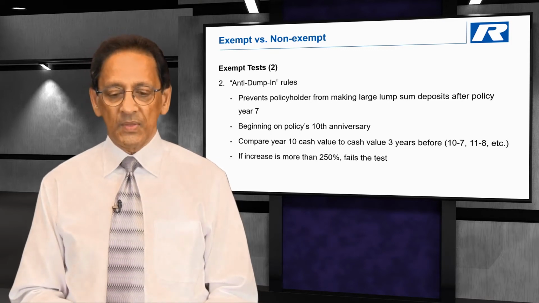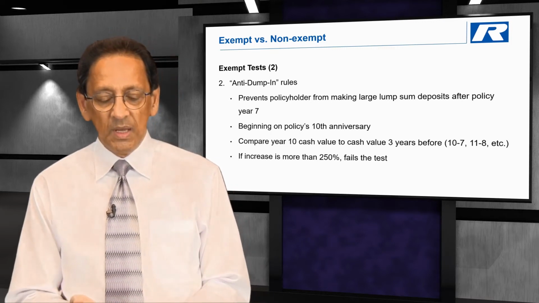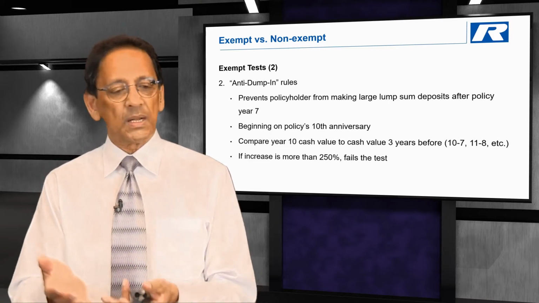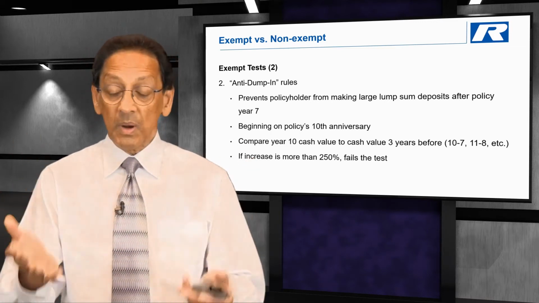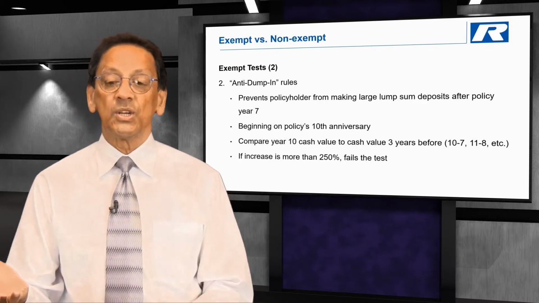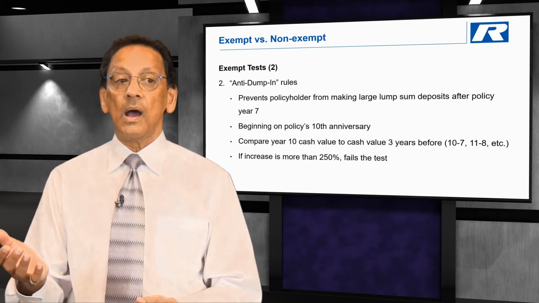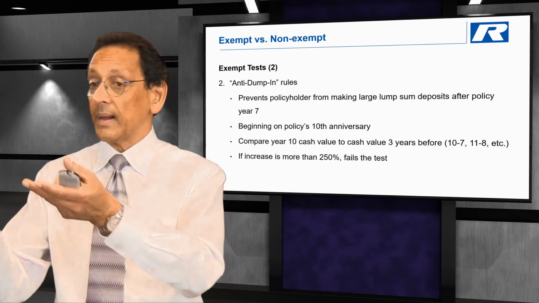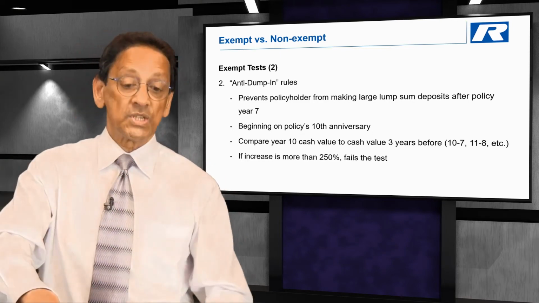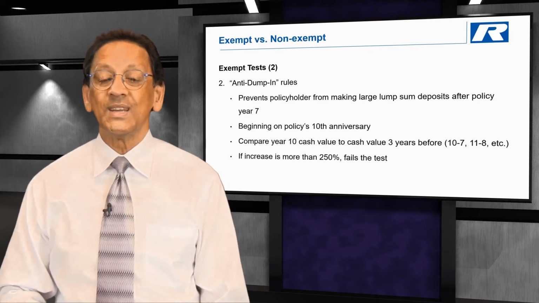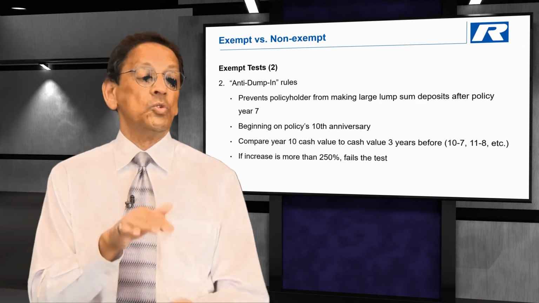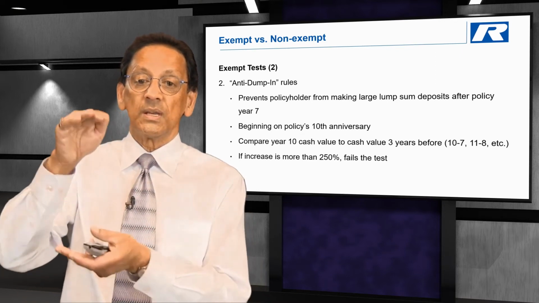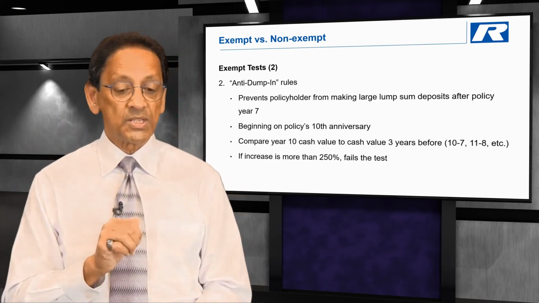So if you think about this, if I had a universal life policy, and I was paying the minimum premium, I just basically have primarily term coverage with very little cash in there, and then I decide, aha, I got a bonus, or I won some money in the lottery, or I got an inheritance. I want to dump a bunch of money into this insurance policy because I'm going to be able to shelter any taxation from the increases in the cash value in that policy.